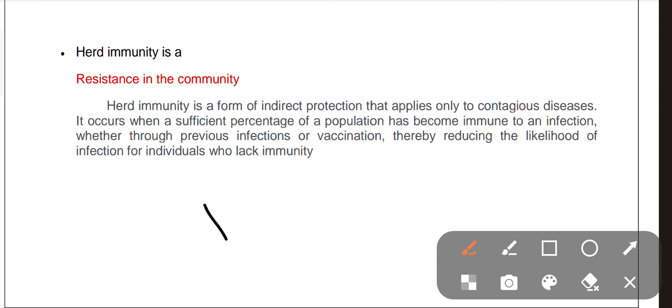It may be due to previous infections: when a person has had an infection, that person will have the antibodies. When the antigen enters the body, our immune system will react and produce a specific antibody. After some days or years, when the same virus or bacteria enters the body, those antibodies will react and kill the antigen. Or it may be due to vaccination.